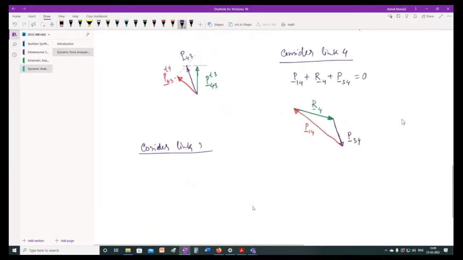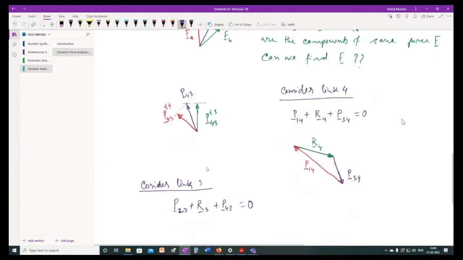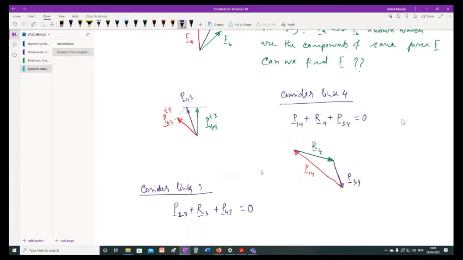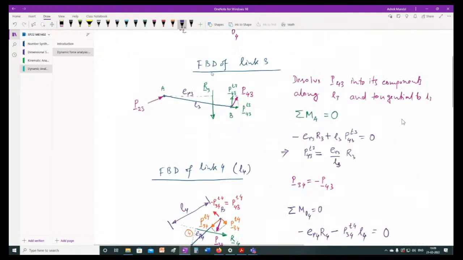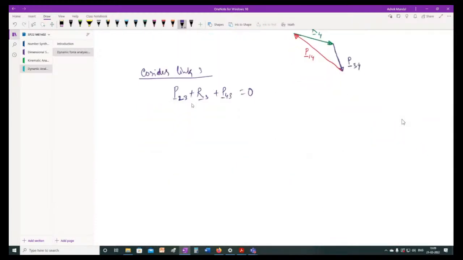So we can write the vector equation P23 plus R3 plus P43 must be equal to 0. Now you see this P43 is known to you. R3 is also known to you. So let us first try drawing this vector diagram.